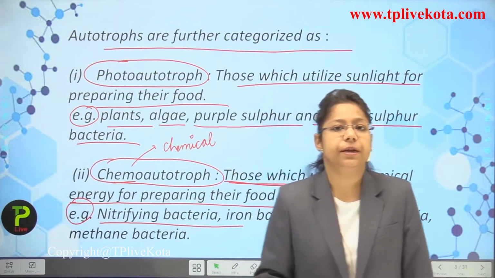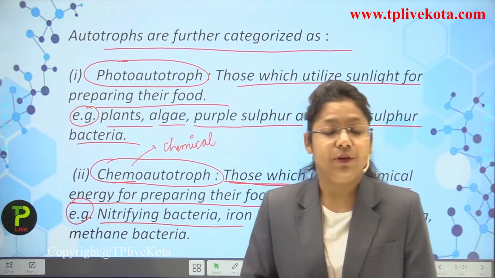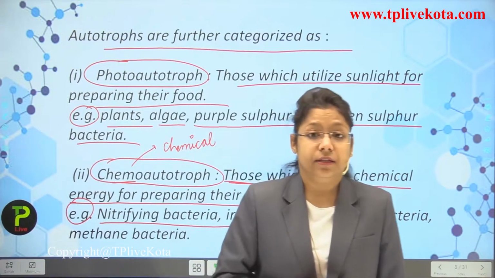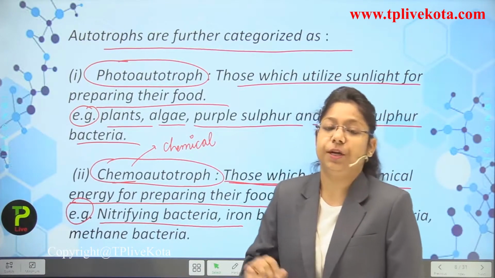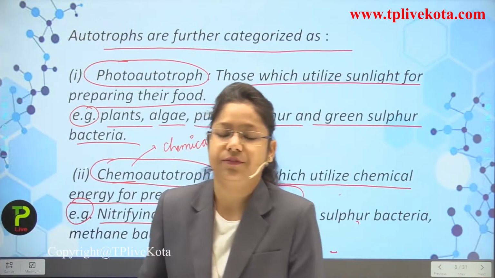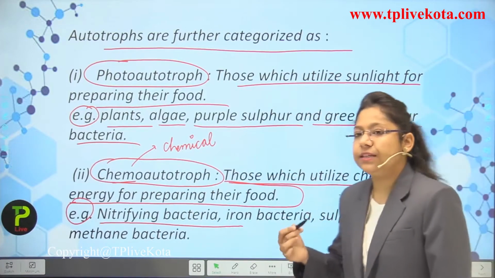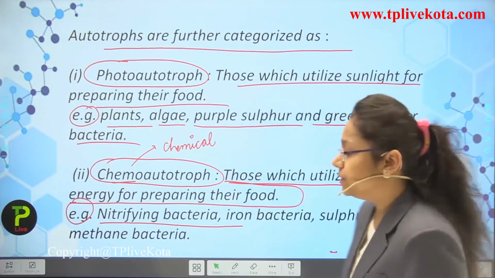Actually, nitrifying bacteria are those bacteria which are present inside the soil. Have you heard the word nitrifying bacteria in the 9th class as well? The rhizobium. Did you understand this? The rhizobium which lived in a symbiotic relationship with the leguminous plants. Are you remembering the things that you were taught in the 9th class? So this is the nitrifying bacteria.